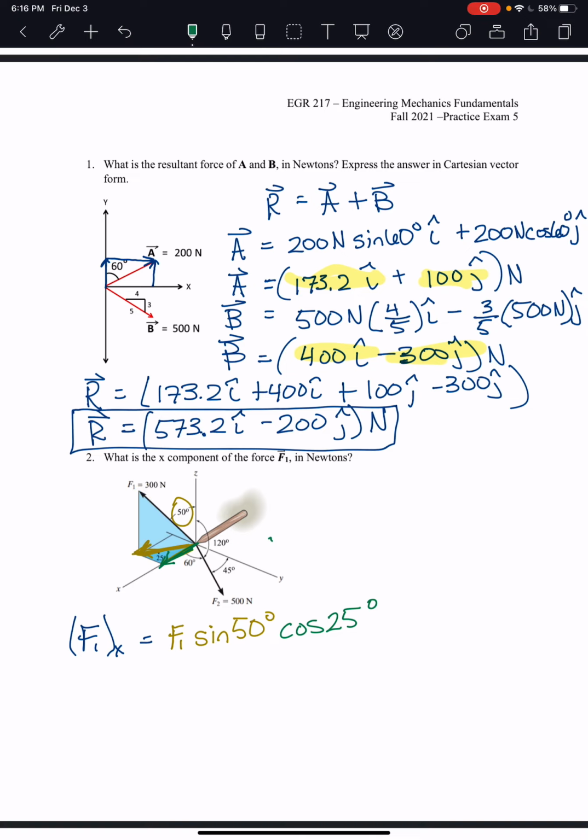So that equals 300 newtons sine 50 cosine 25. So do it on calculator. We get 208.3 newtons.